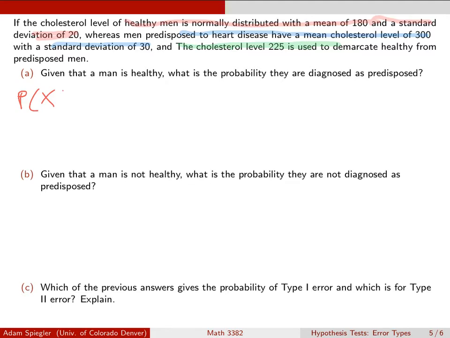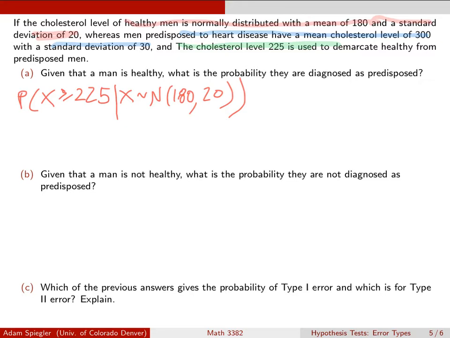So what's the probability that the cholesterol level of that randomly selected person is bigger than or equal to 225, given that X is normally distributed, given that this person is healthy, with a mean of 180 and a standard deviation of 20? That is the probability that a randomly selected healthy person is going to be told that they're predisposed to heart disease.